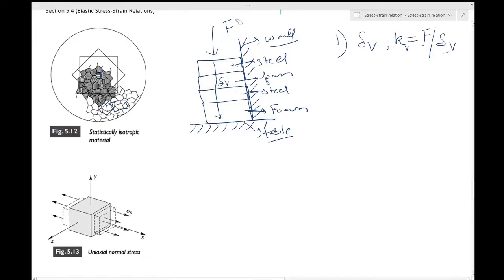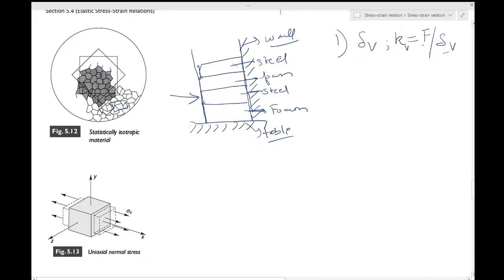Now repeat. Remove this force. Oh, I'm sorry, it should be foam, steel, foam, steel. Now remove this force, and this time apply this force over this particular surface.